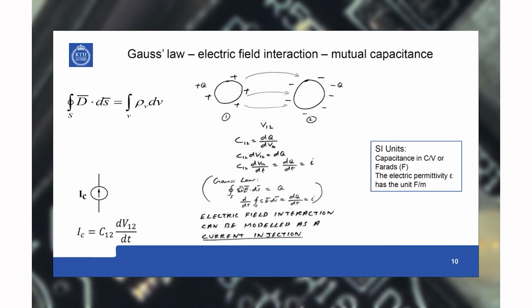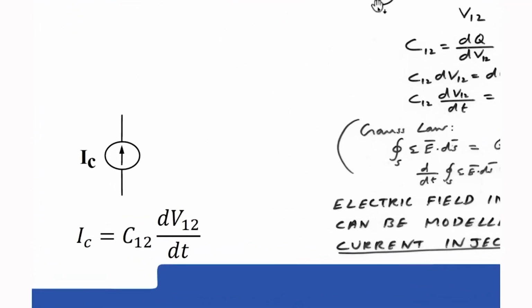So the rate of change of field in relation to two conductors can be modeled as a current injection. So electric field interaction can be modeled as a current injection. This electric field is created by these charges here. So look at this current source IC.